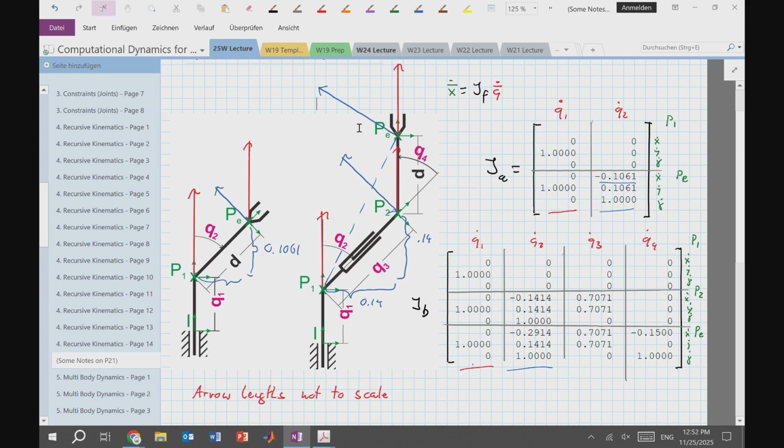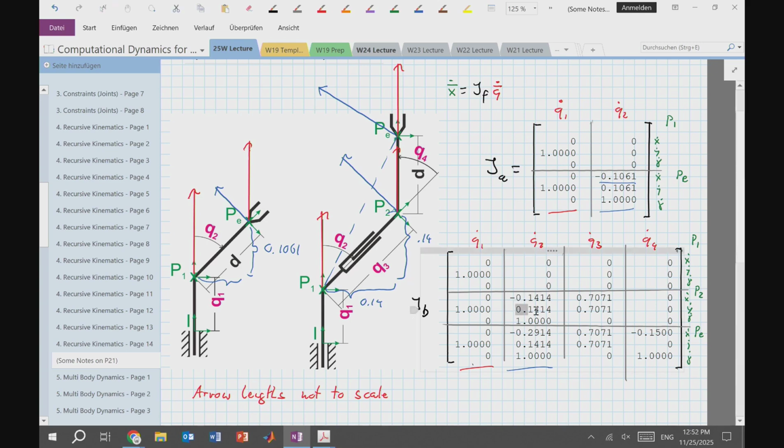In terms of numerical values, we thought about the Jacobian representing these lever arms. In terms of the vertical component, I always have this lever arm. And we see that for the vertical component, the lever arms of P2 and PE are the same.